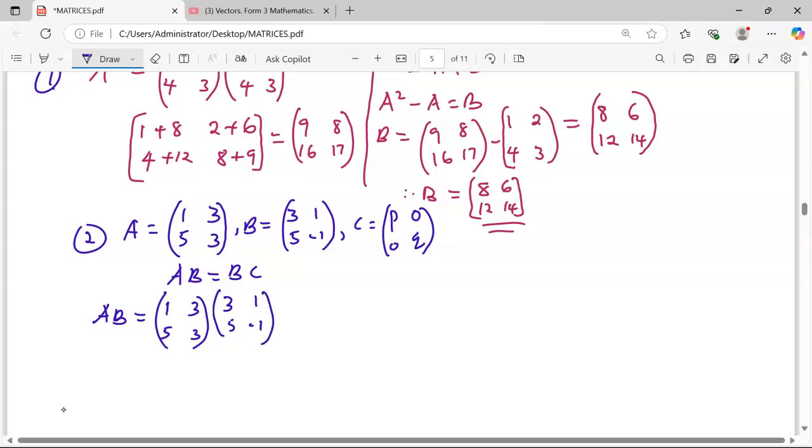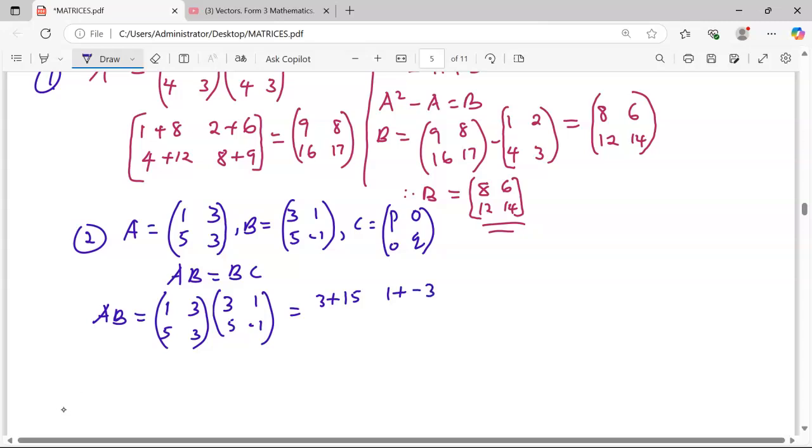And this one is going to give us 1 times 3, you get 3, plus 3 times 5, which is 15. Then 1 times 1 is going to give us 1, plus, of course, 3 times negative 1, you get negative 3.